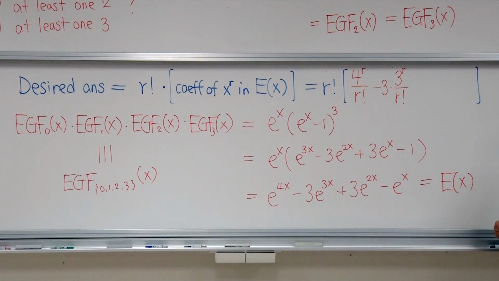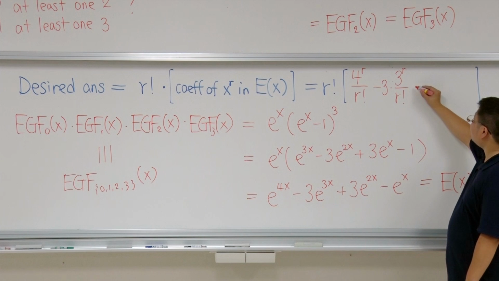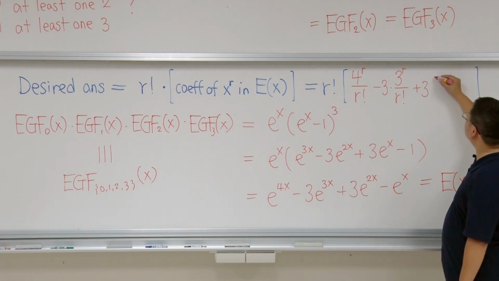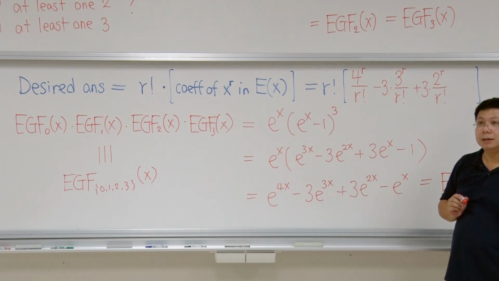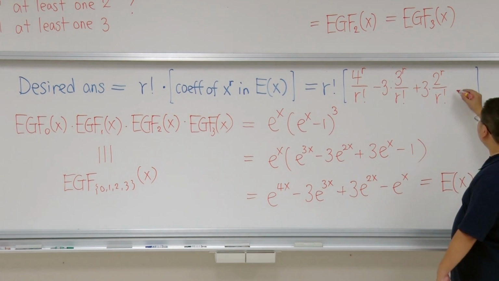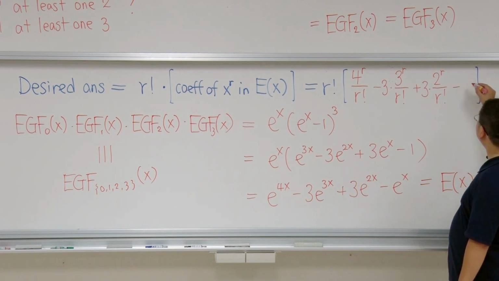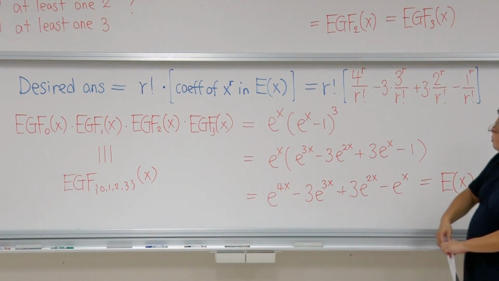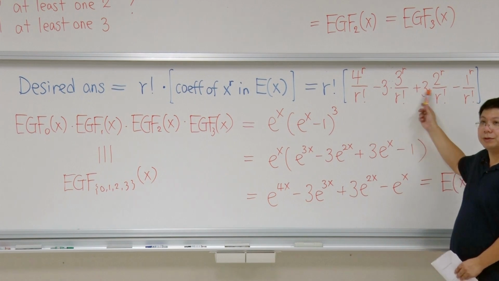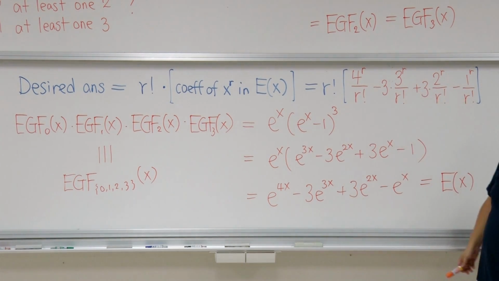From this term, plus 3 times 2 to the power r divided by r factorial. And then the last term is minus 1 to the power r divided by r factorial. And this is the answer. When you see this, you have all the r factorial, so you can cancel it.